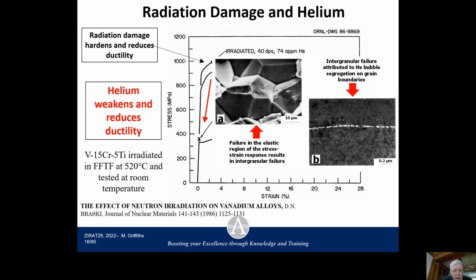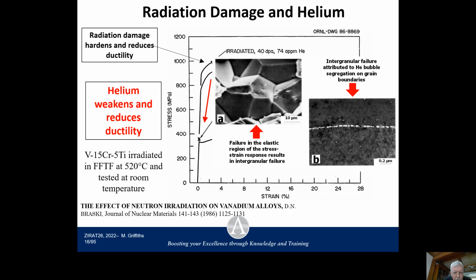We have this unirradiated response, and it's quite ductile. It's quite good, but you have this typical characteristic that when you irradiate, the ductility drops significantly. The irradiation temperature is 520 degrees C.